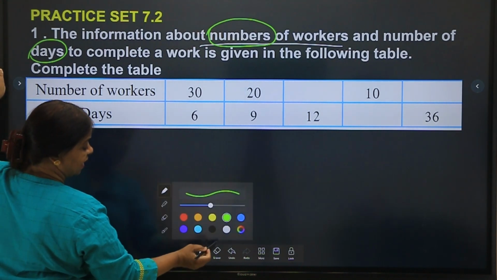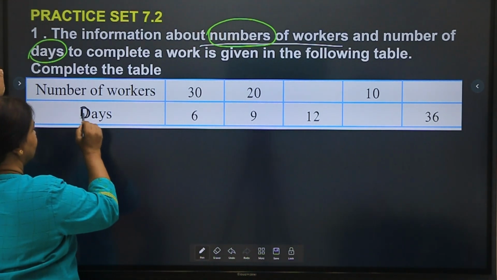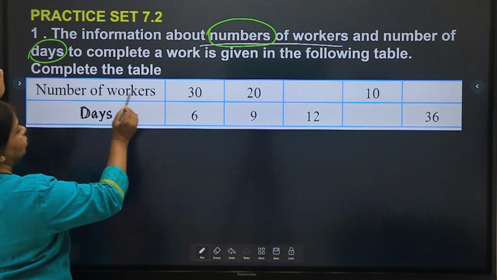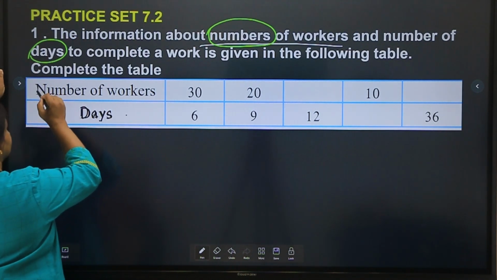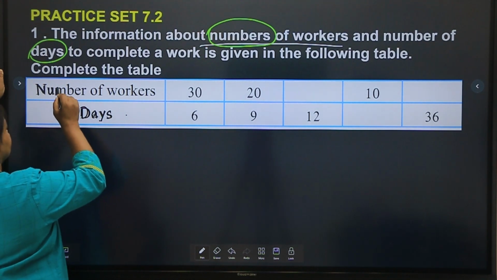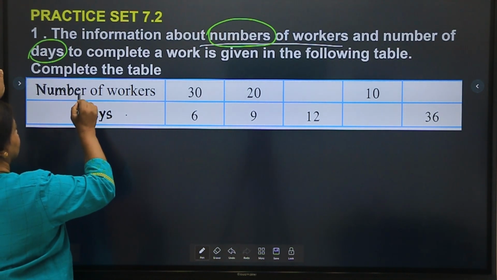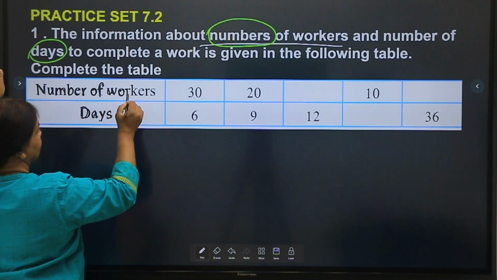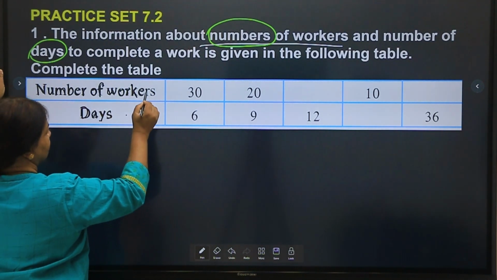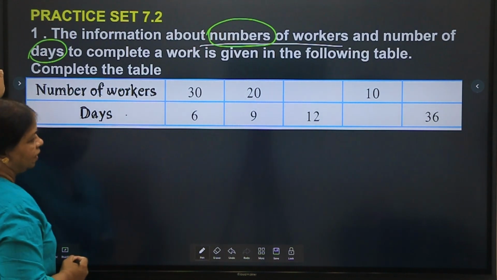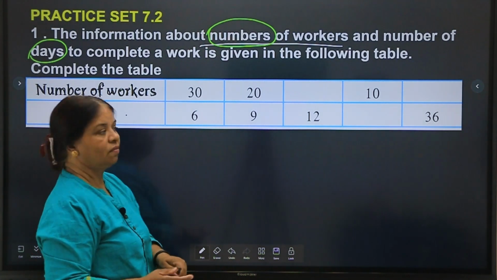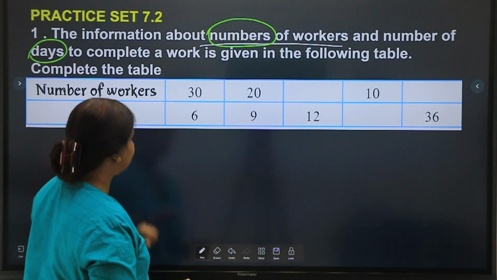The number of days are here and the number of workers are here. When the number of workers is 30, the days required are 6.